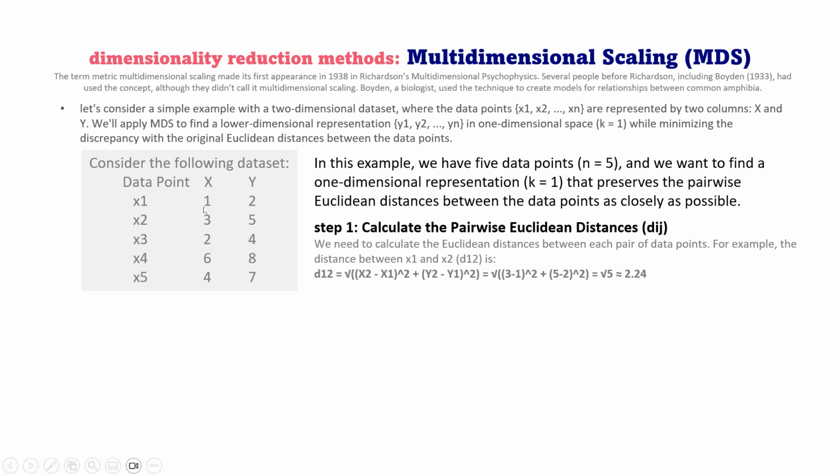These are the remaining distances we have to calculate, because the assumption here is that the data is symmetric. That means d sub 1 2 and d sub 2 1 remain the same, or d sub 1 3 and d sub 3 1 remain the same. That's the assumption we have considered.